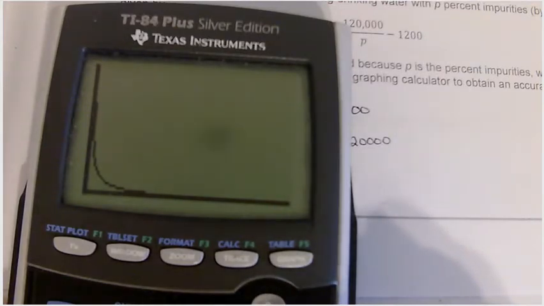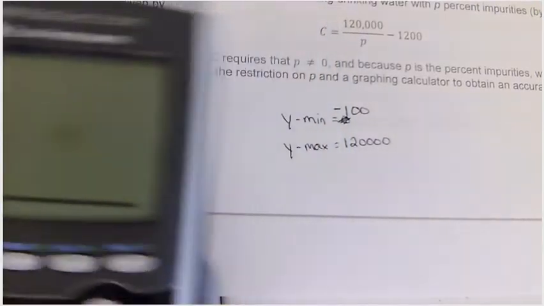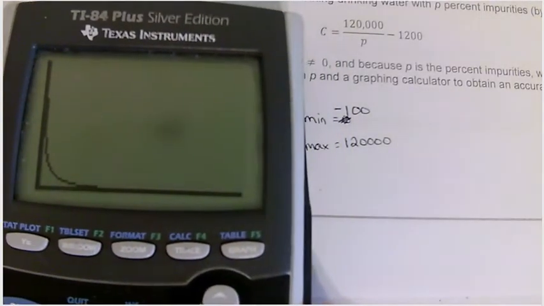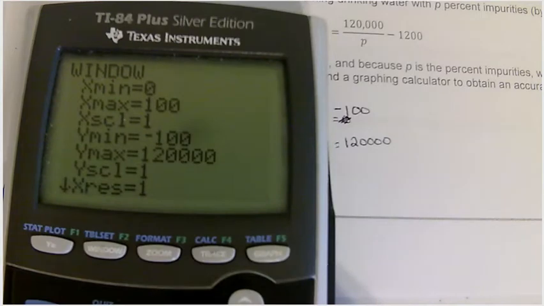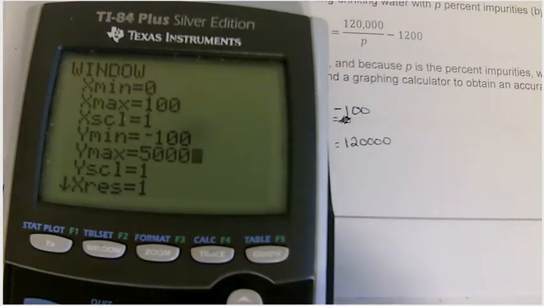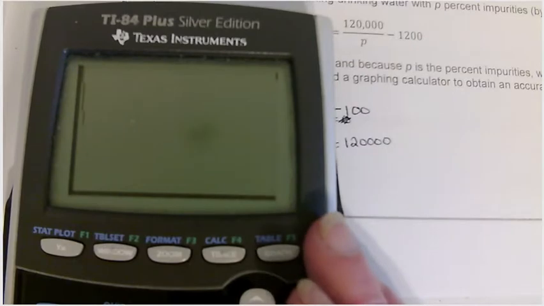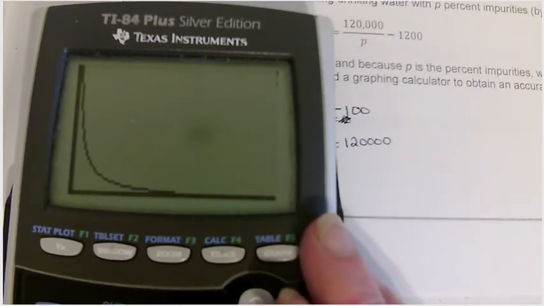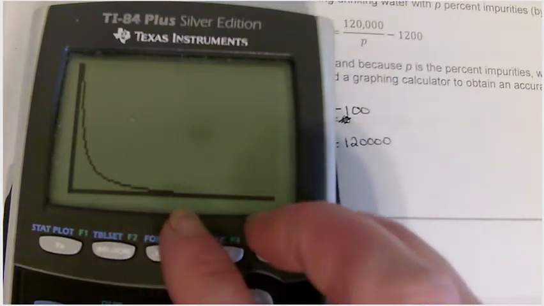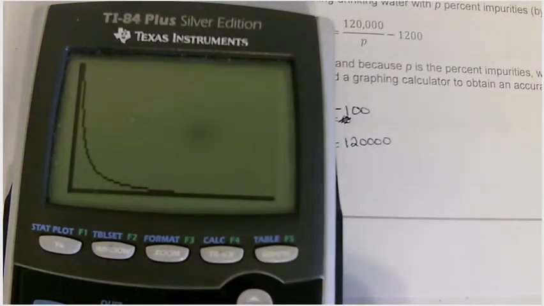So I'm going to play a little bit more. And I think I want to, let's try something. Let's go to, I don't know, 500 or 50,000. Is that going to be too much? It's actually not too bad. But I'd really like to see if it ever crosses the x-axis.